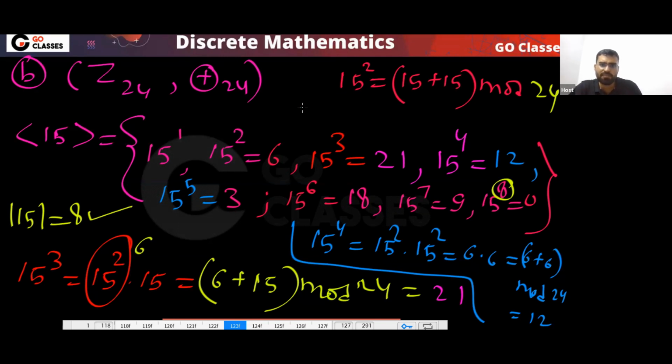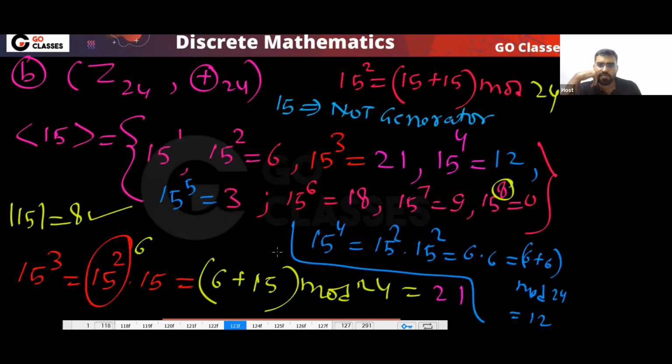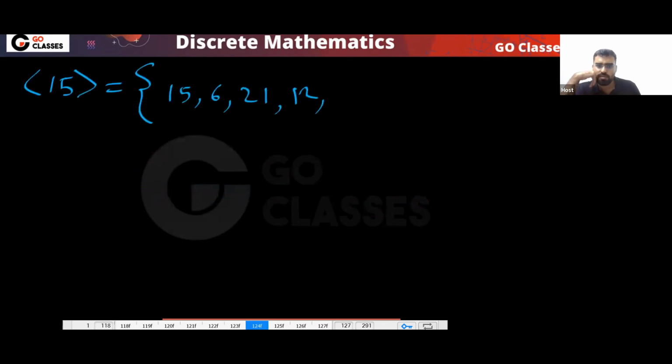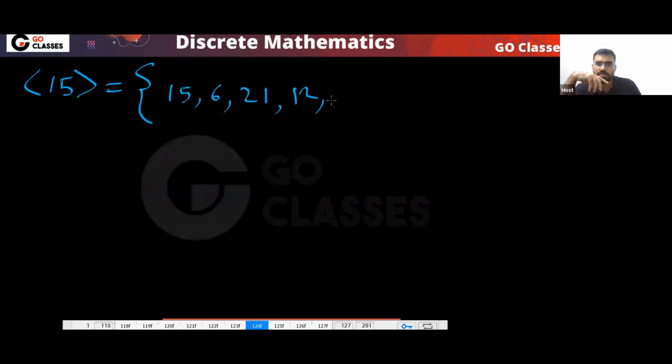Can I say 15 is the generator? You can clearly see 15 is not a generator. How many elements can 15 generate? 15 can generate only these elements: 15, 6, 21, 12, 3, 18, 9, 0.